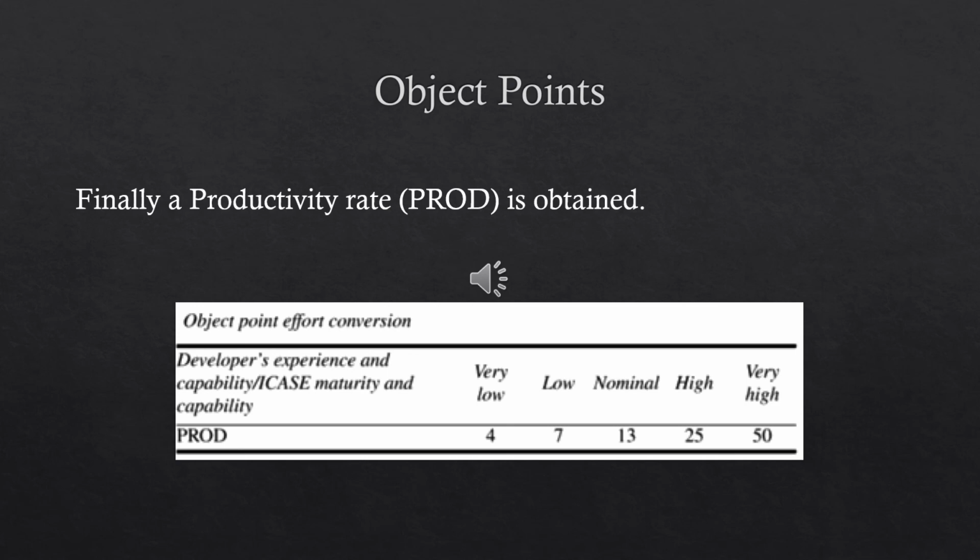The estimated effort for the project will be the person months needed to carry out the project, and that can be obtained by dividing the new adjusted object points by this productivity rate.